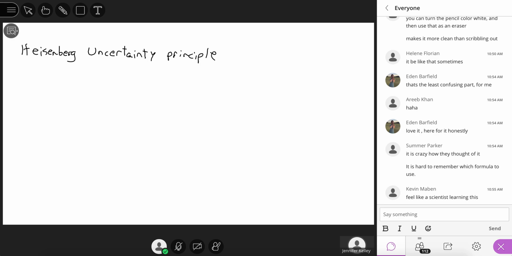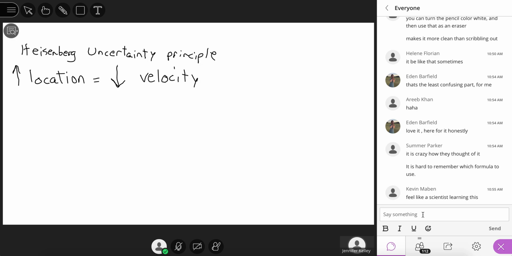Okay. So the Heisenberg uncertainty principle says that the more you know about the location of an electron, so if I know a lot about the location of the electron, I know very little about its velocity.